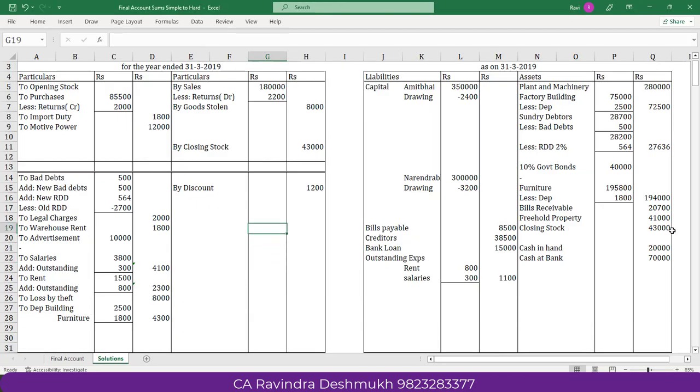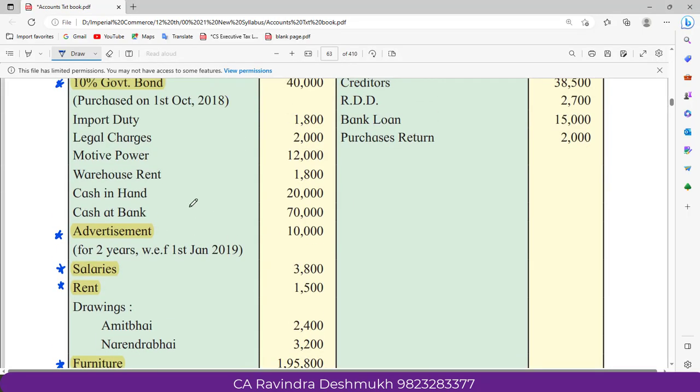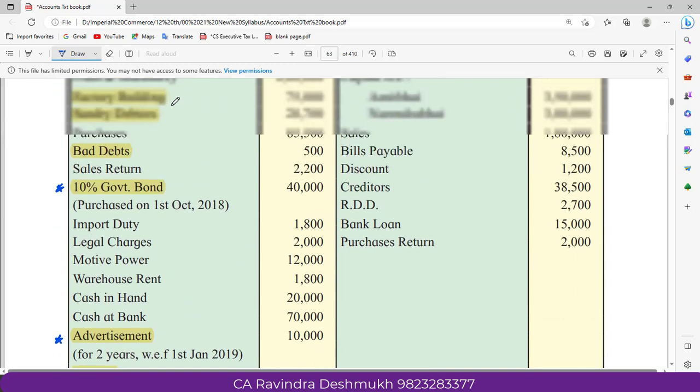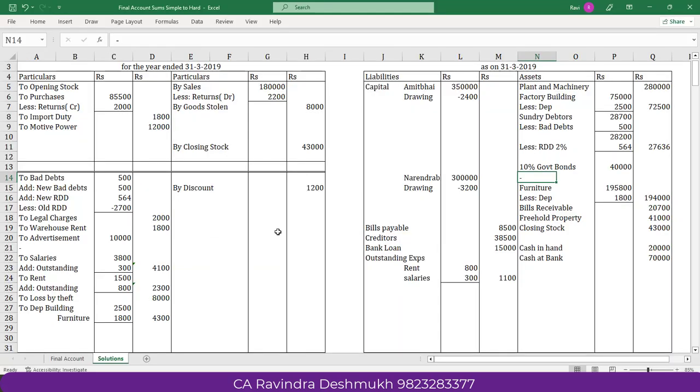Now your given adjustments are all done. Coming to your hidden adjustments, the first one is 10% government bonds which were bought on 1st October 2018, meaning we have kept them for 6 months. So we need to add outstanding interest for 6 months here. We have explained in the classroom how this 2000 will come, the calculation.